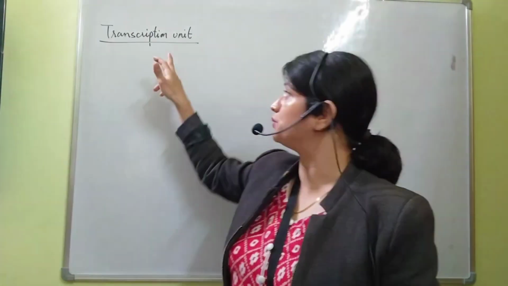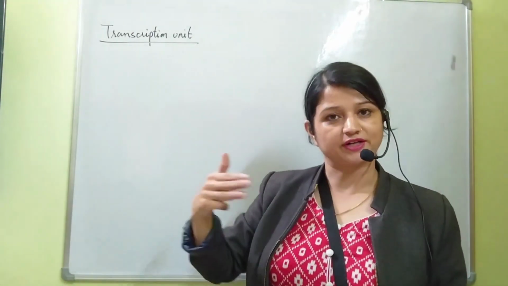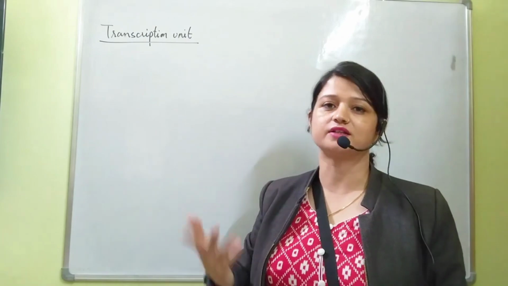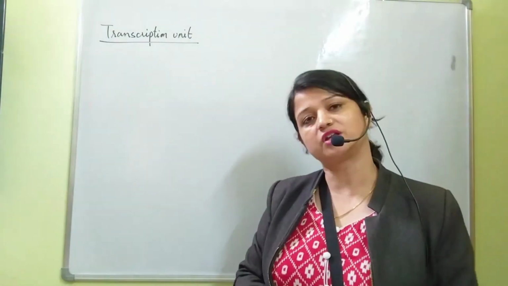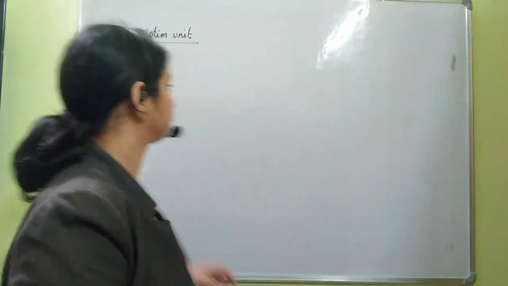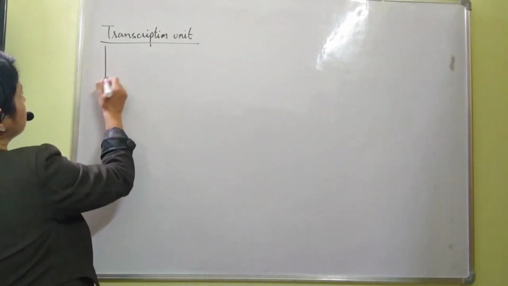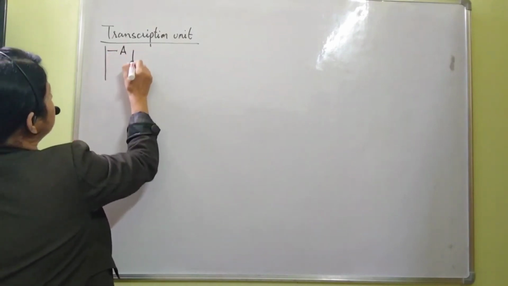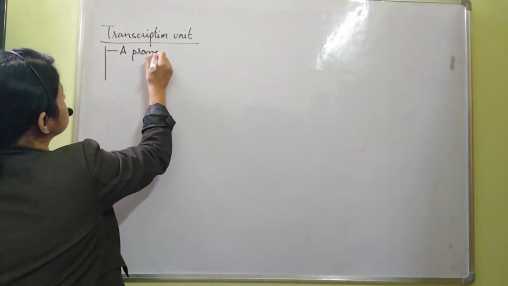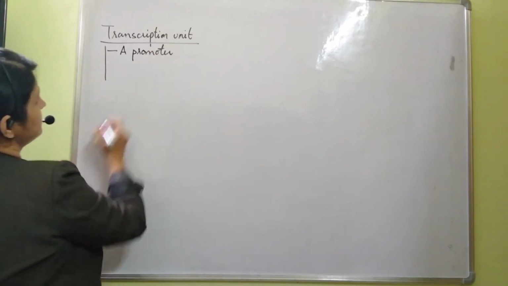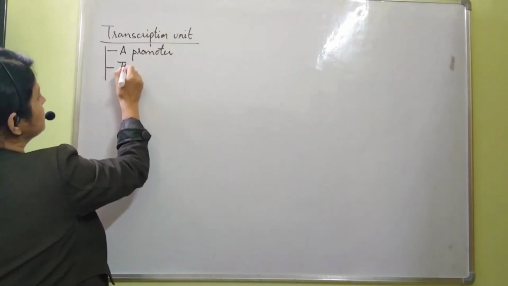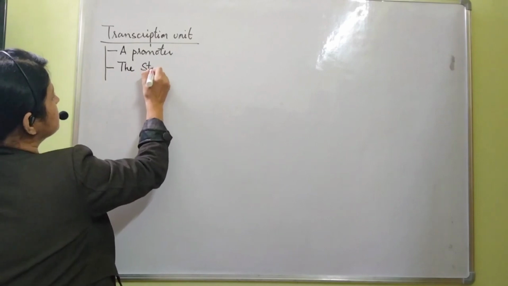This transcription unit contains three important parts. So let's see what are the three important sites or regions. The first one is the promoter region or promoter site. Second is the structural gene.